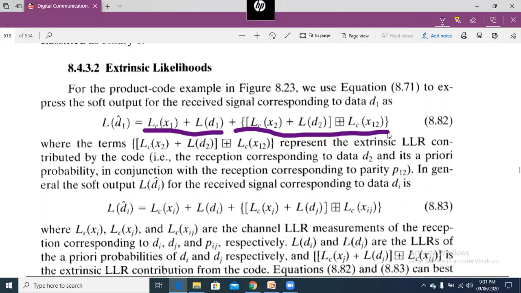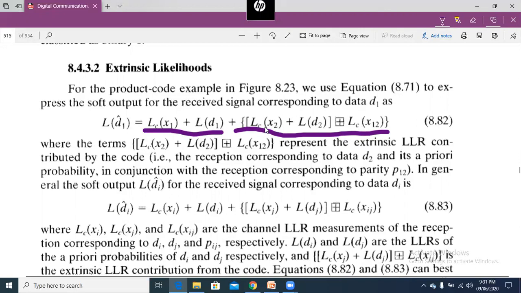So how to take the extrinsic value? For example, we are calculating the data bit 1 and we are calculating the horizontal extrinsic likelihood ratio.